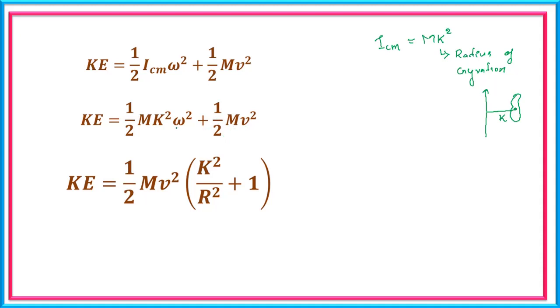Now, we know that V is equal to R omega. Therefore, omega will be equal to V by R. Therefore, omega square will be equal to V square by R square. Therefore, instead of omega square, I am going to substitute V square by R square.